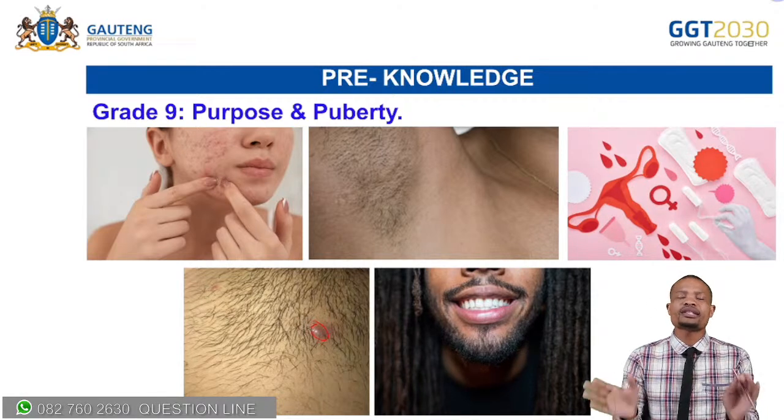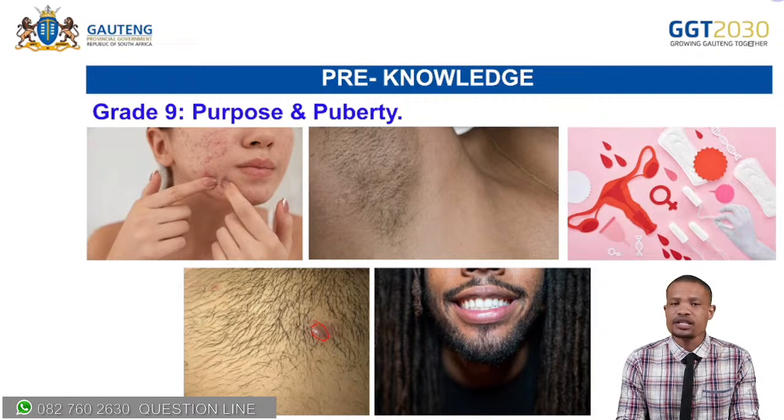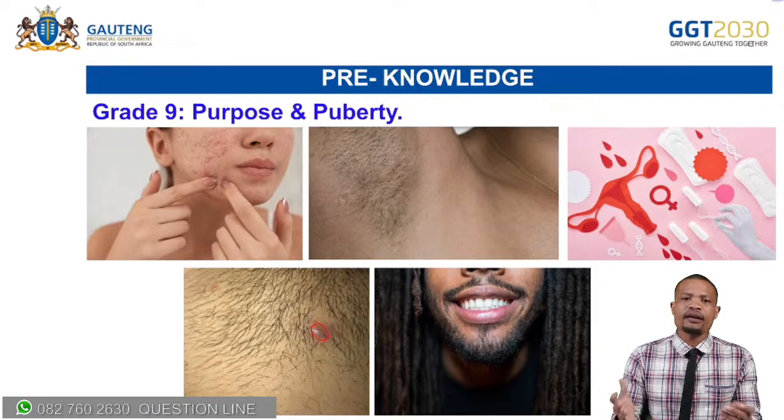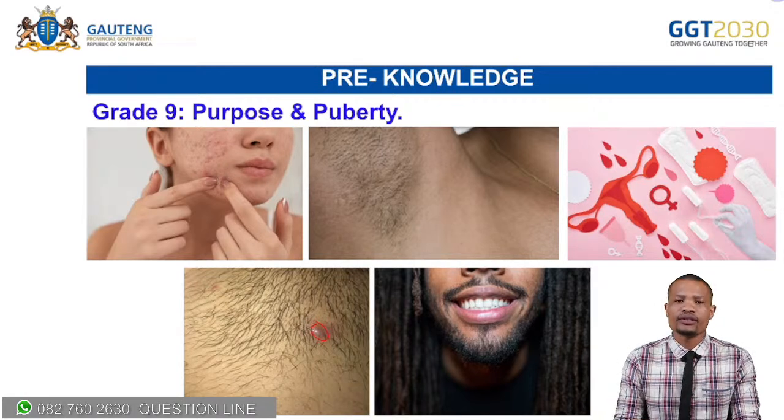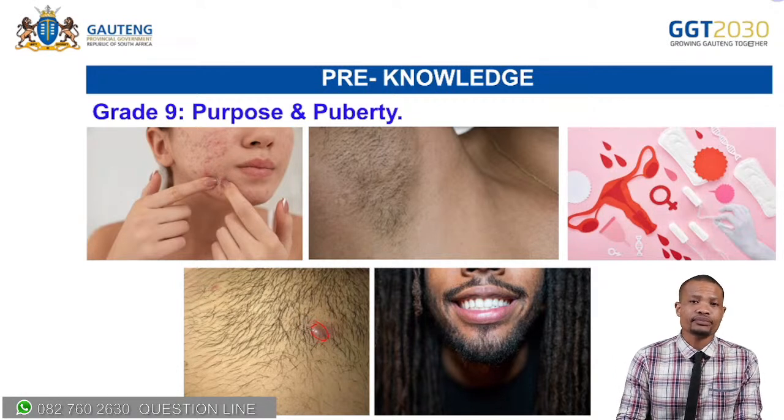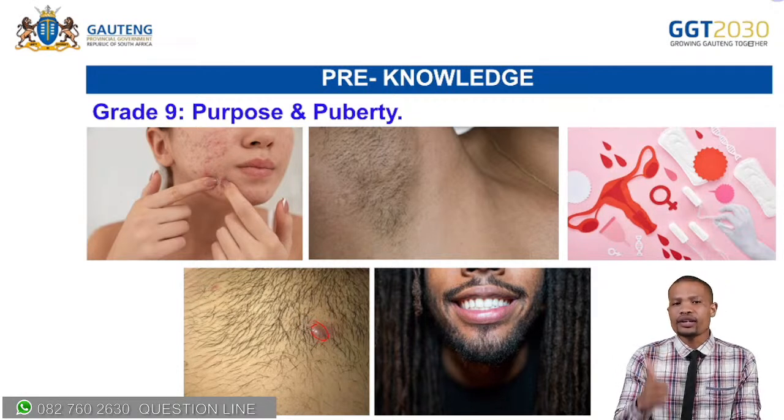Now this is not limited to the things that I just mentioned, but I'm just using it to remind you of what we've learned already. Right, and there is a term that we use to call all of these things together as a collective. What is that term? They are the secondary sexual characteristics.